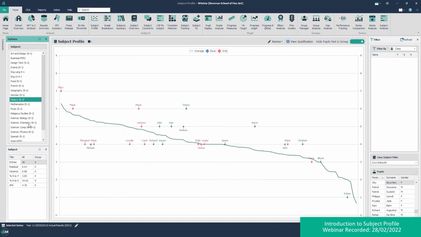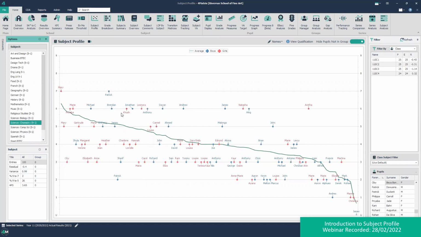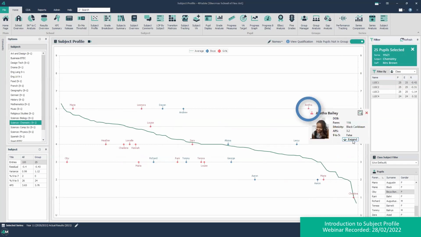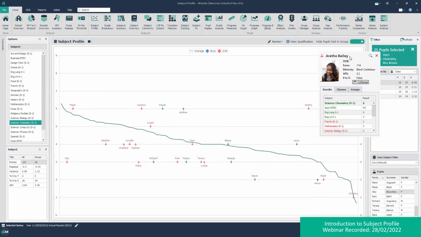So if we go back and have a look at chemistry and just try and draw out some particular pupils. Looking at Aretha in the top right, we can see that basically she's doing a lot better in chemistry than in all her other subjects.